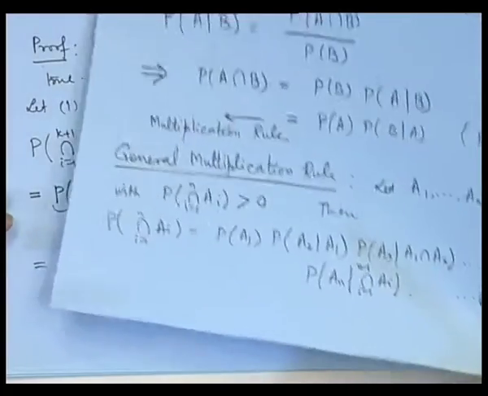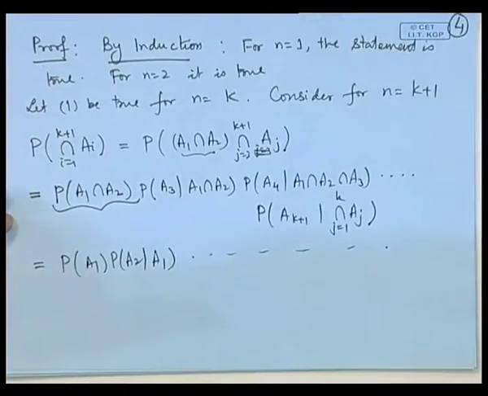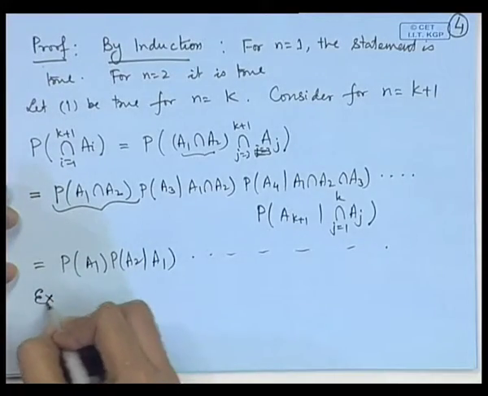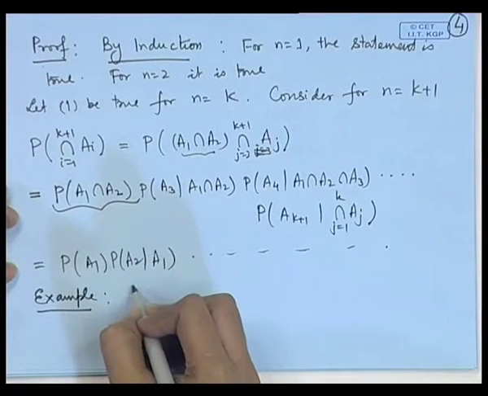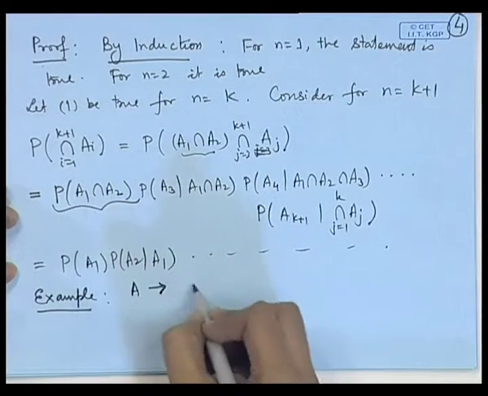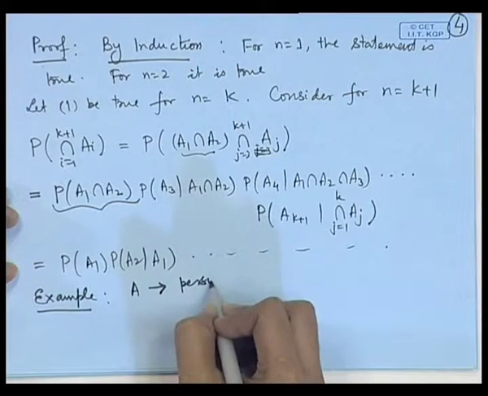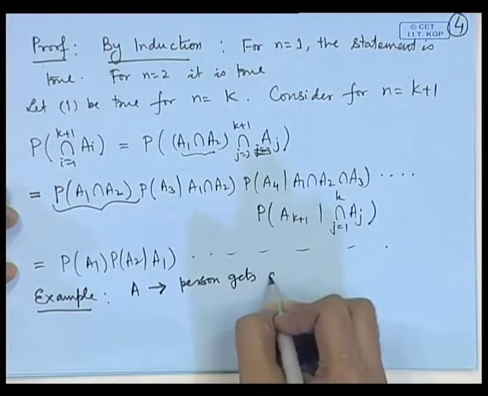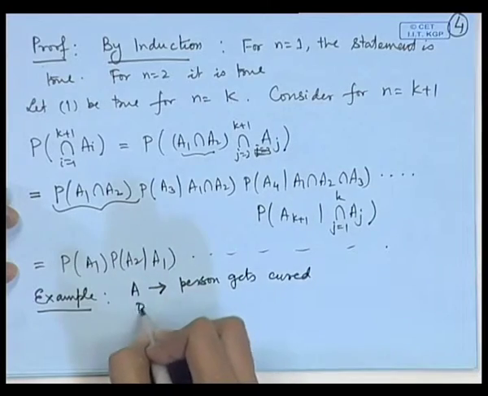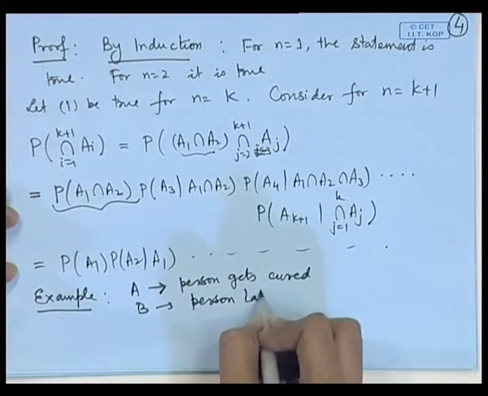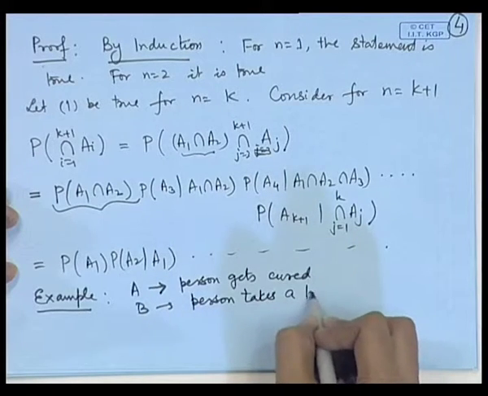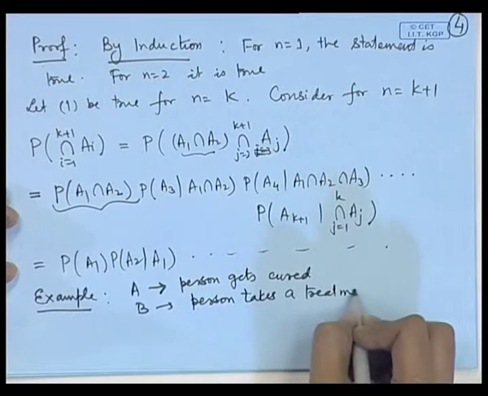Let me write it as an example. Let A be the event that a person gets cured, and B the event that a person takes a treatment.